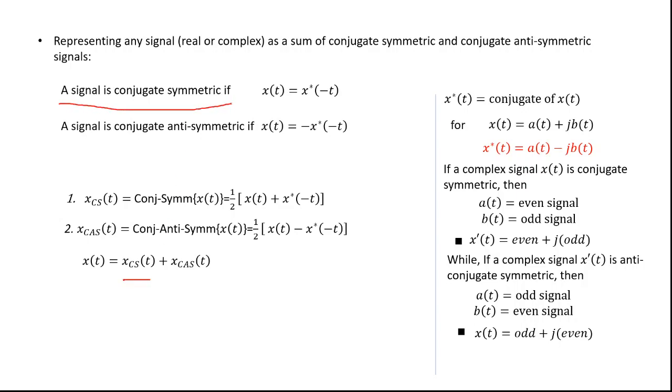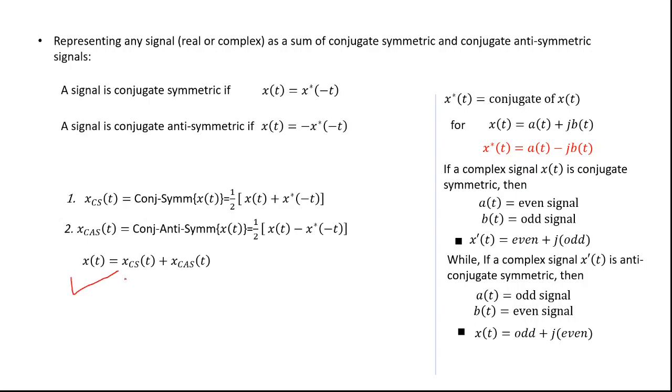A signal is conjugate symmetric if the signal equals the time reverse of its conjugate, and it is conjugate antisymmetric if the signal equals the negative of the time reverse of its conjugate.